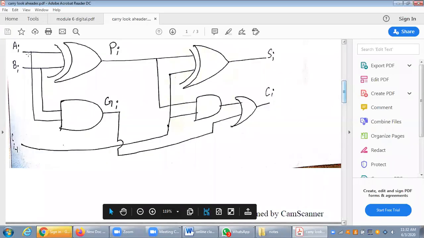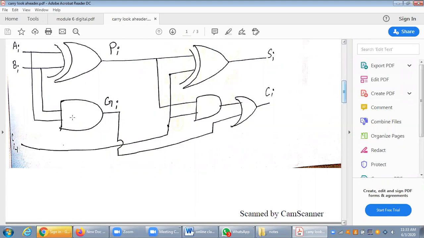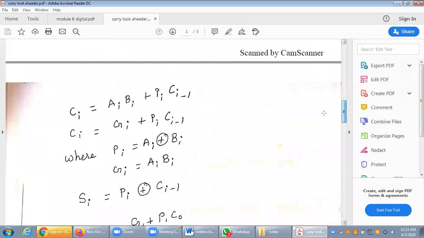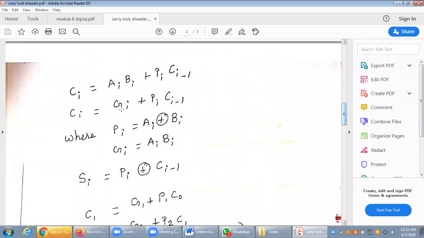AND gate means multiplication, so Gi is equal to Ai into Bi. Instead of Gi, we have written Ai Bi. Otherwise, we can write Gi plus Pi Ci minus 1.